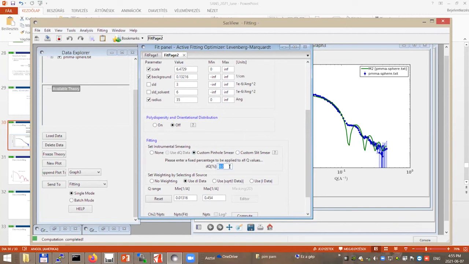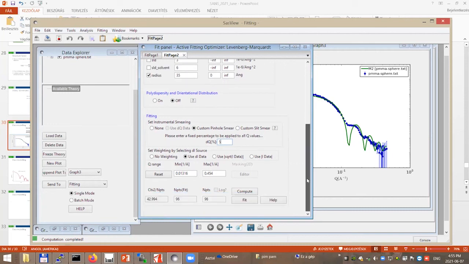So if we select here, for example, 5%, so let's assume that our resolution is 5%. Now let's see what happens. We press compute. You see that the pattern will be less, so the peaks are not so intense now.